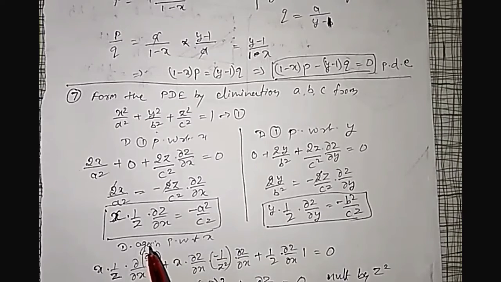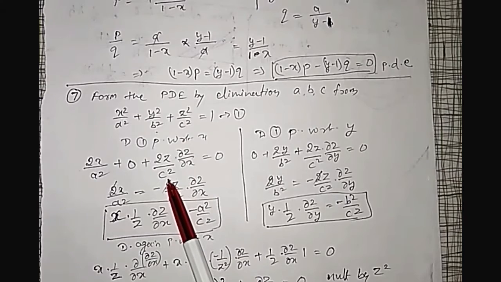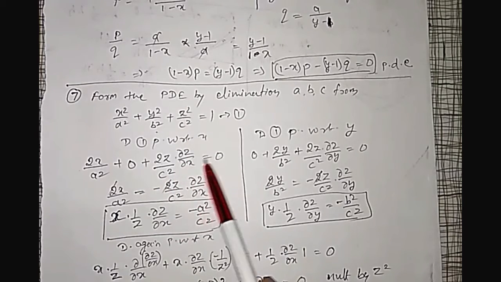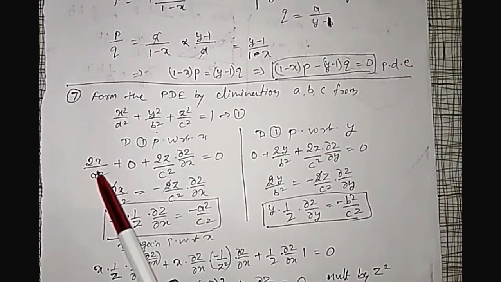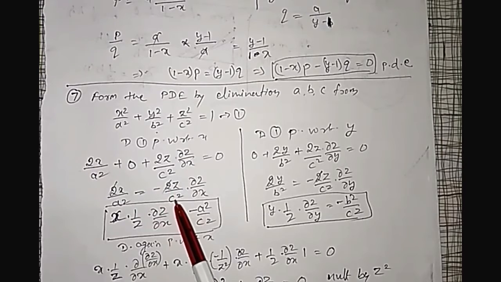Therefore, the differentiation of z square is 2z divided by c square into dou z by dou x, by chain rule, equal to 0. Simplifying this, 2x divided by a square is equal to minus 2z divided by c square into dou z by dou x. The 2 cancels, and rearranging the required terms, x into 1 divided by z into dou z by dou x equal to minus a square by c square.